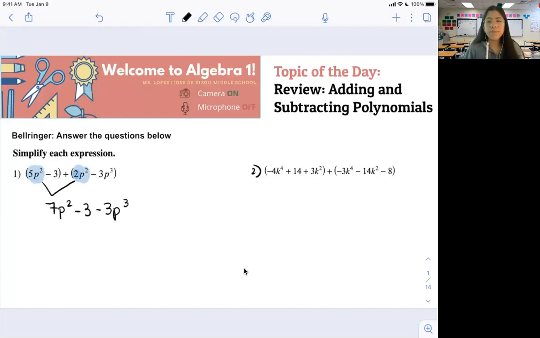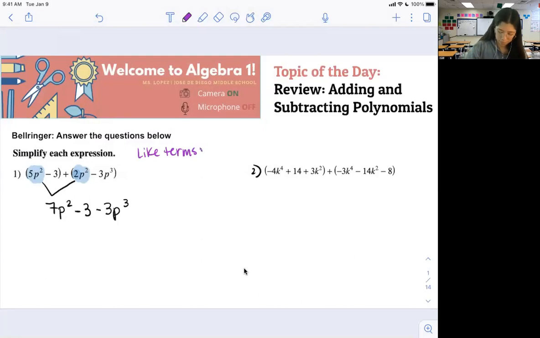Now, am I done? But Miss, I have a question. Sure, Marian. Why are we not combining it with 3p? But it's because it's -3, right? The reason we're not combining it with anything else is because think about the definition of like terms. What do they have to have the same? And this goes for anybody.